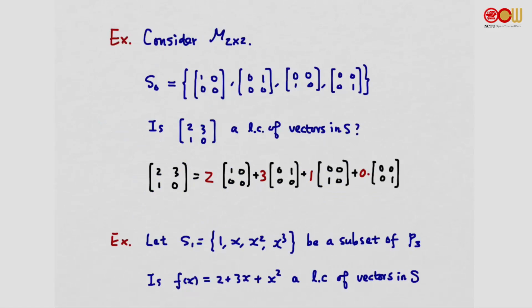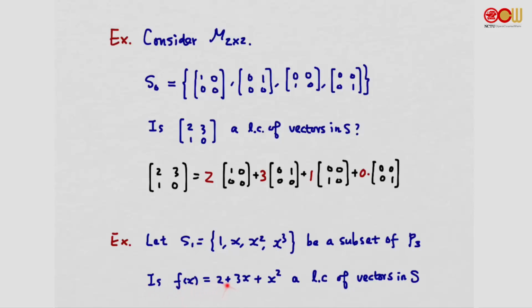Now let's consider another example, P3. P3 is, remember, the vector space that contains polynomials of degree less than or equal to 3. And S1 is a subset of P3. It has 4 vectors: 1, x, x squared, x raised to the power of 3.